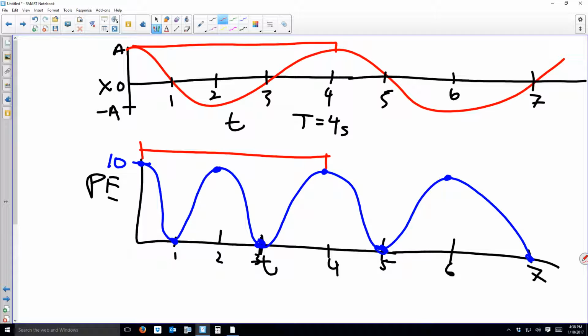So we said here that our object started from the top of its motion. We can see that up here with that amplitude. And then as it falls down to this equilibrium position, where we said the 0 is, it continues down. So even though this is a peak, this peak on the energy graph is actually when the object is at the bottom of its motion.